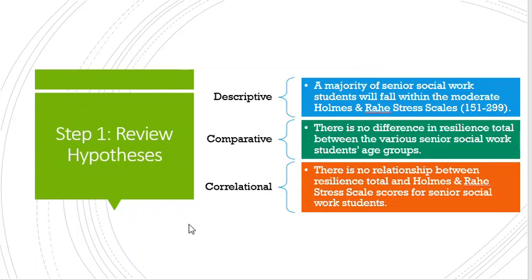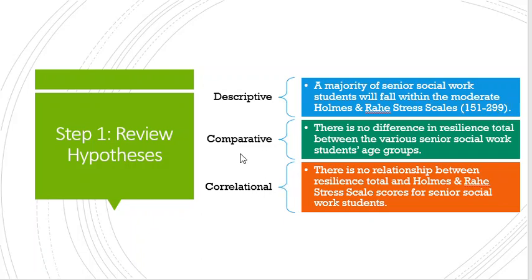These are the hypotheses that we had for the Rahe stress scale and the relationship between them. One is descriptive: a majority of senior social work research students will fall within the moderate Holmes and Rahe stress scale. So their scores, we hypothesized, we guessed that most of them will fall in 151 to 299.